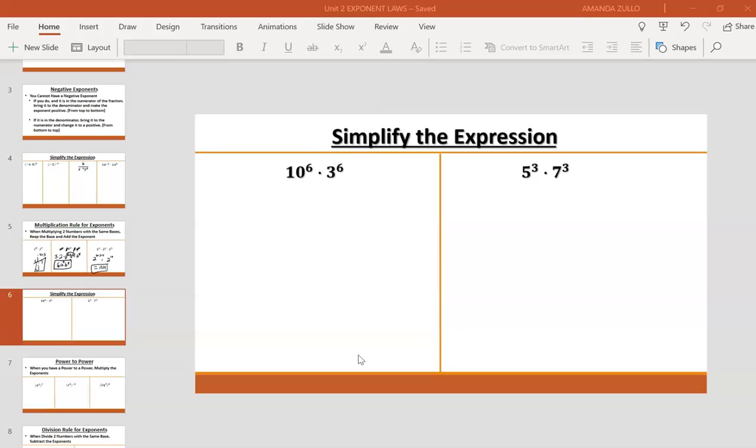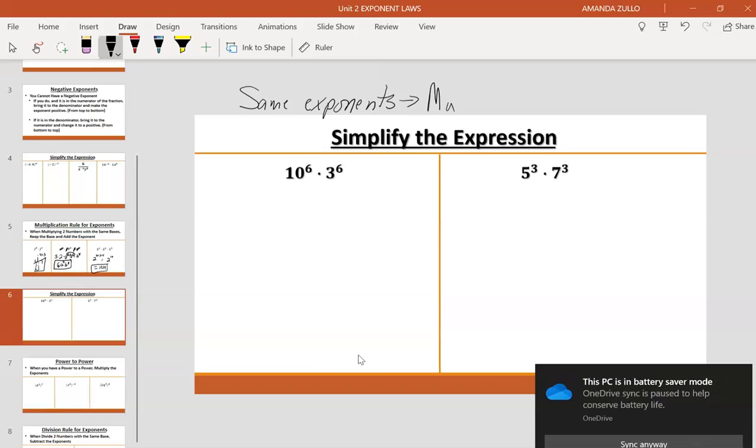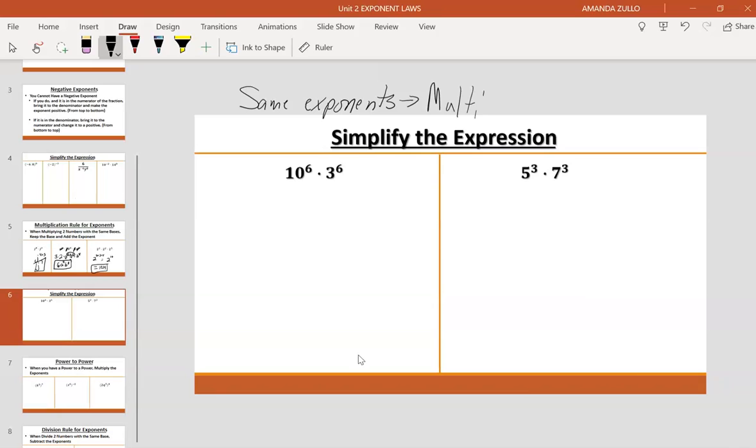However, if your exponents are the same, so if you have the same exponents, you multiply the bases, and keep the exponent.